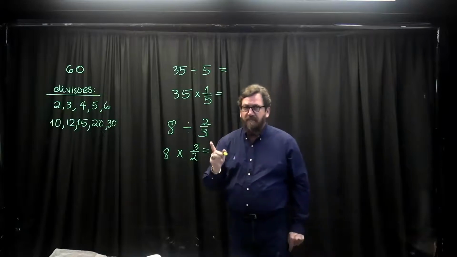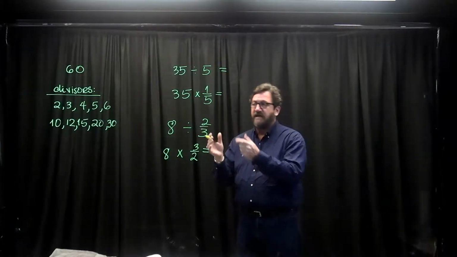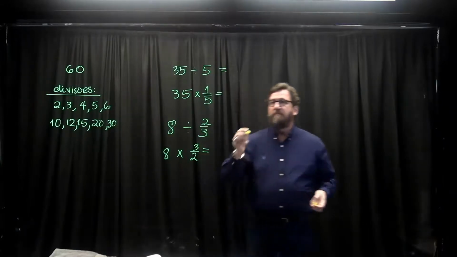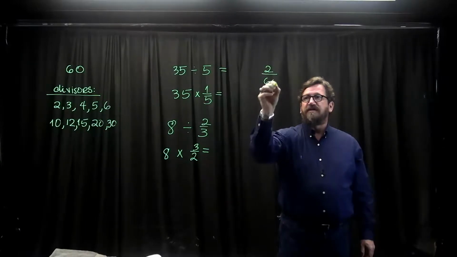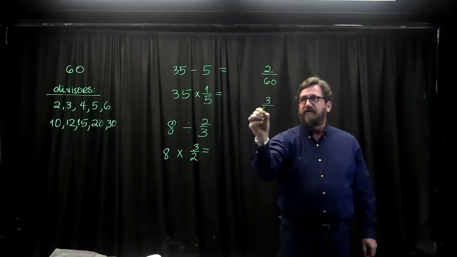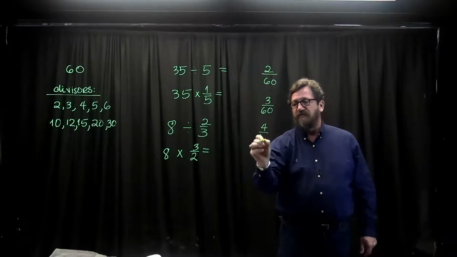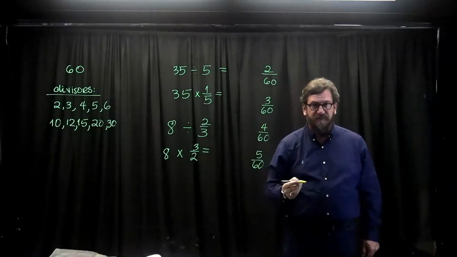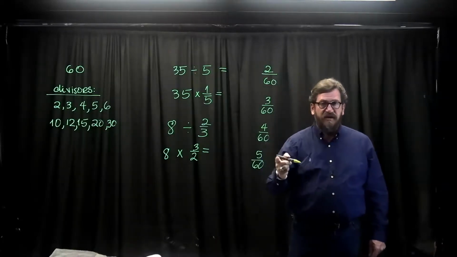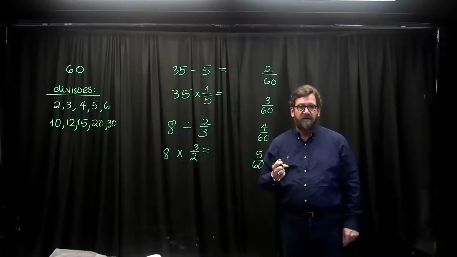So what the Babylonians did was they took this idea of divisors and said, we're going to use this to our benefit. And we're going to have 2 over 60. We can represent 3 over 60. We can represent 4 over 60, 5 over 60, and etc. And by doing this, they're going to be able to represent amounts that we can deal with.